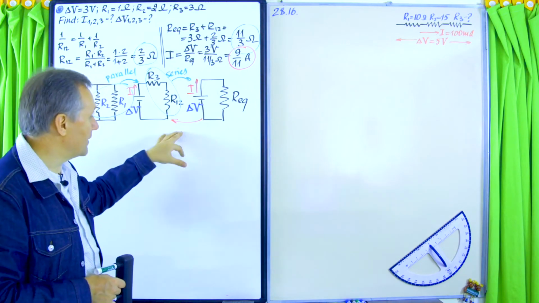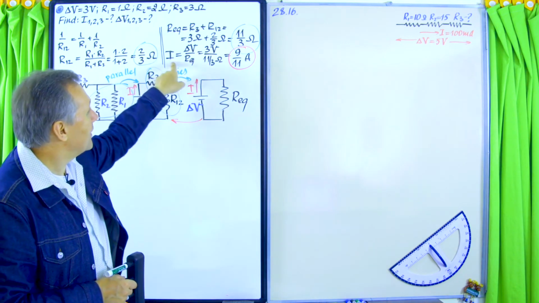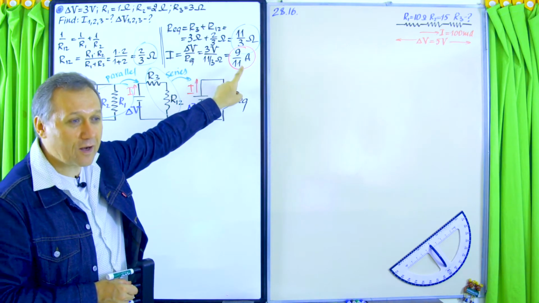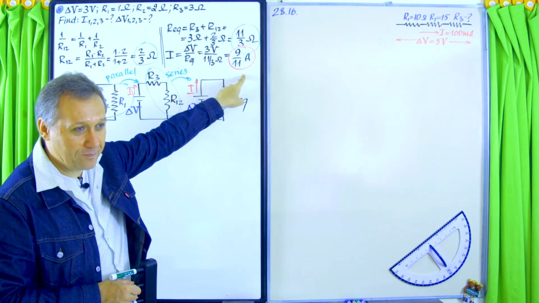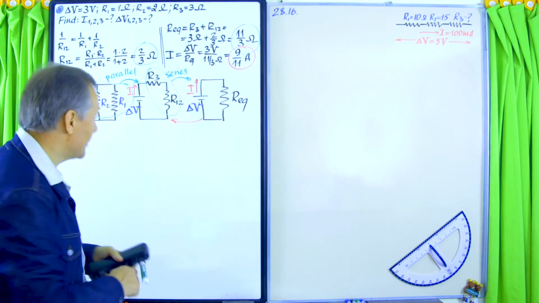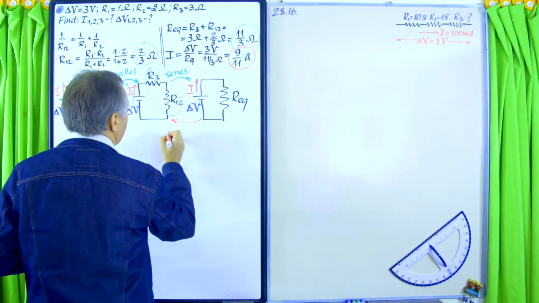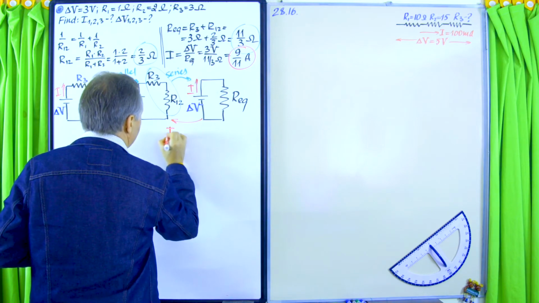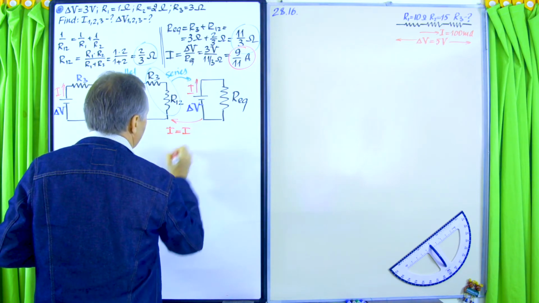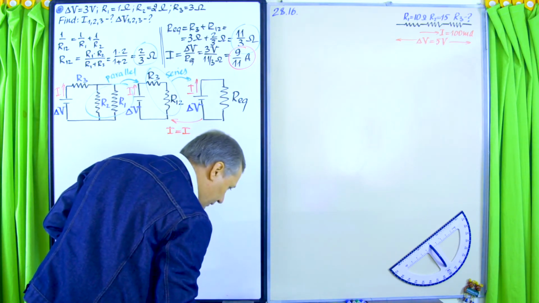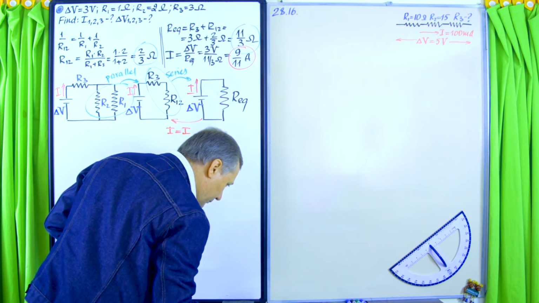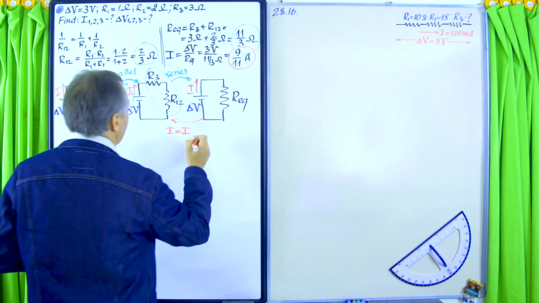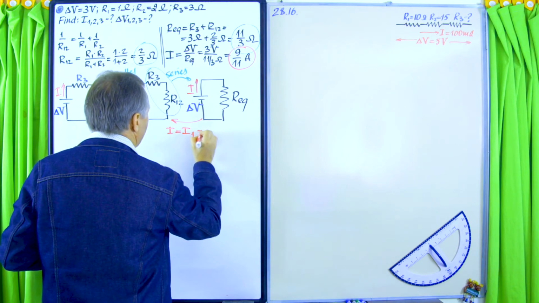Let me write it down. And we know the current through the equivalent resistance, right? So let me use that bridge. So I can write I equals I, which way do I label it, R1, probably I sub R1. No, just subscript 1, or 1, 2.